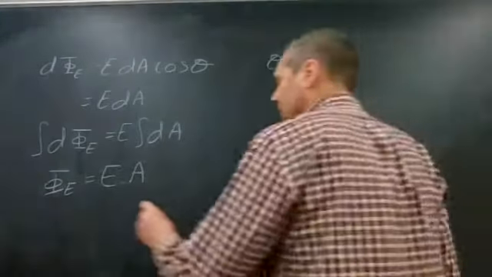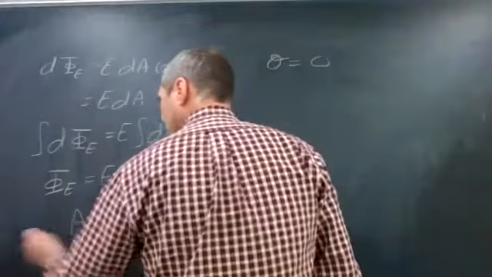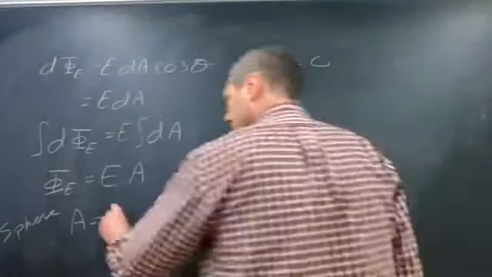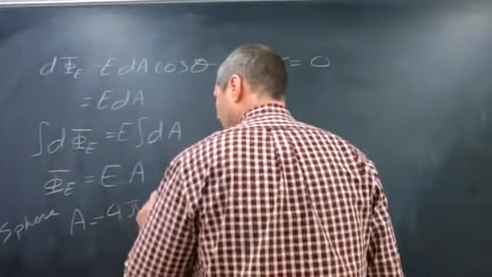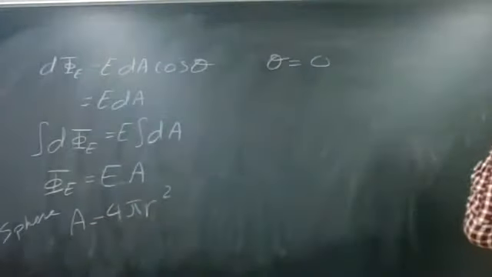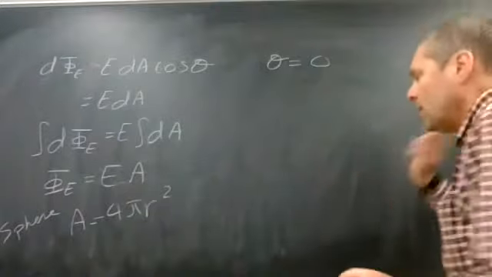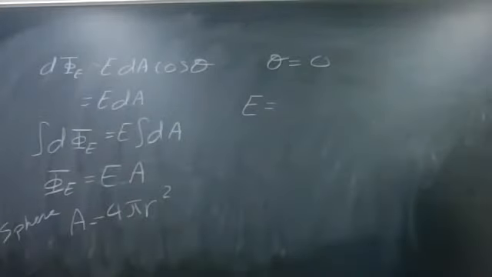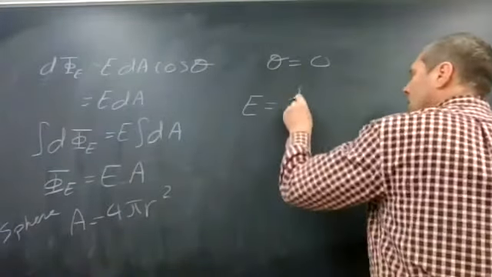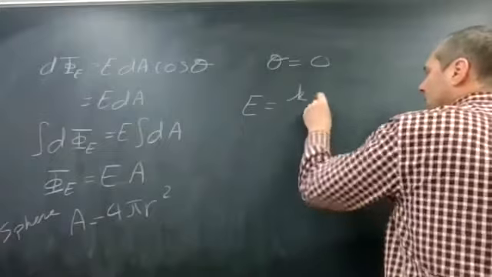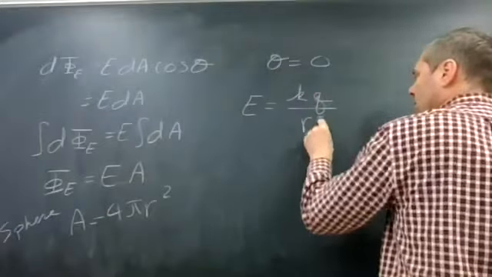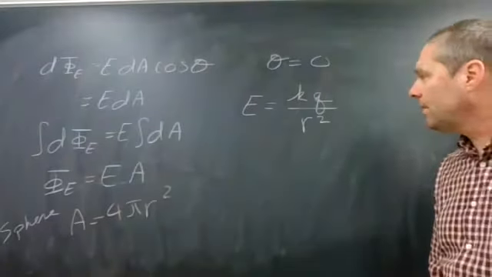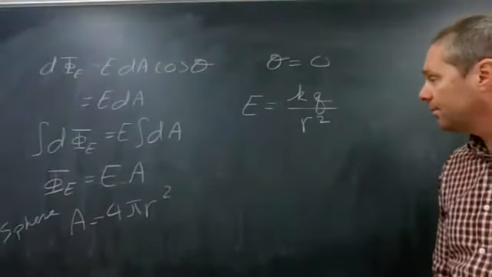Well, what's the area? If I happen to select a sphere, which is the easiest to use, the area is going to be 4 pi r squared. If you remember correctly, E is equal to our constant K Q over r squared.